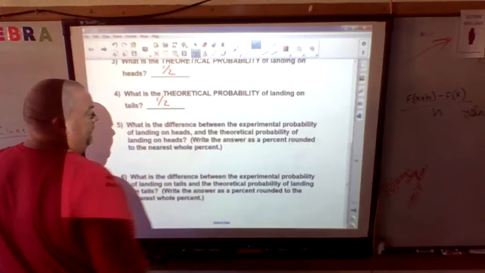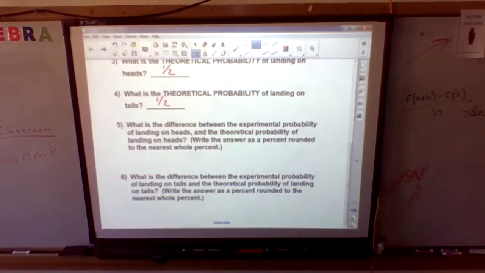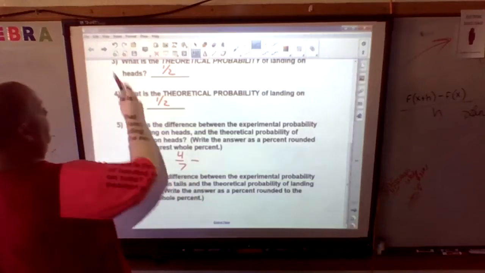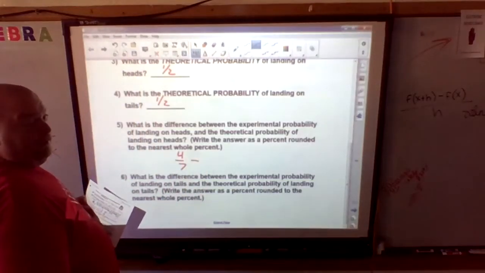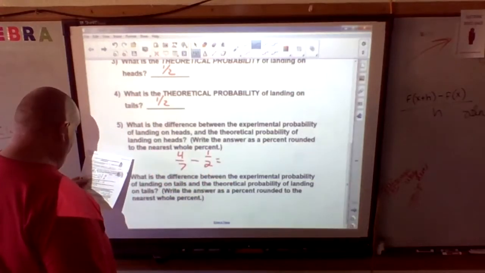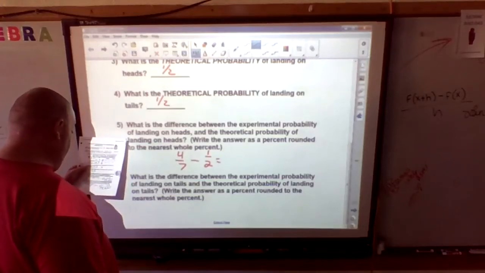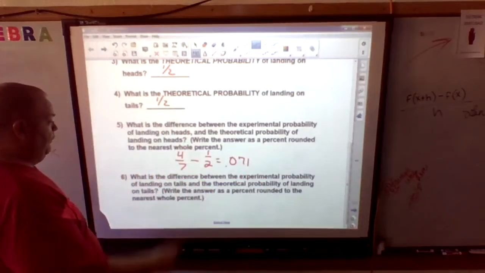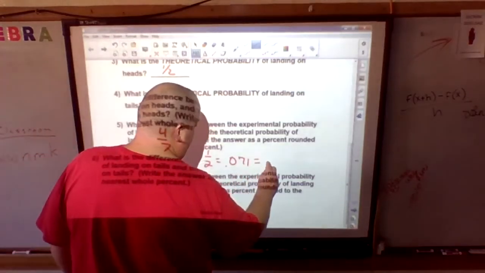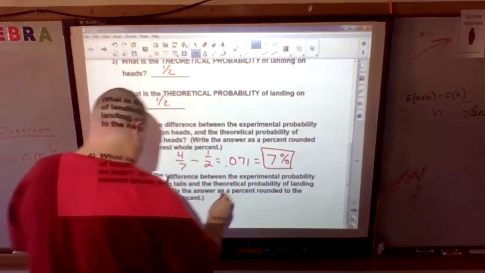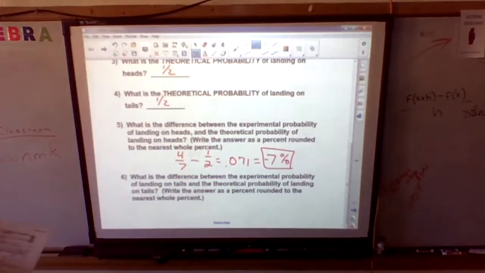Since we want the experimental probability first, you're going to have 4/7, which comes from question number 1, minus the theoretical probability, which is 1/2. When you work those out, you get about 0.071, which rounded to the nearest whole percent is about 7%. And that's going to be a negative answer.